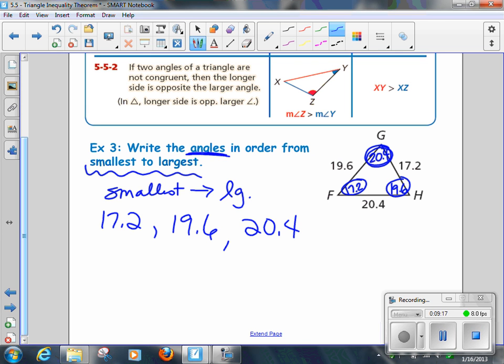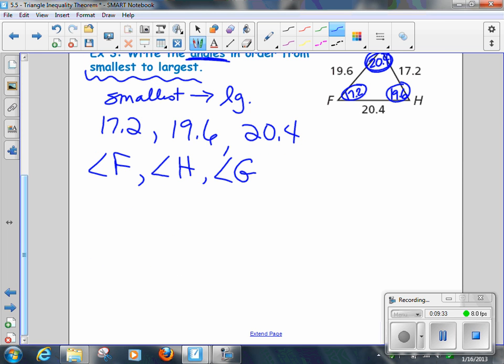Which angle did I associate with 17.2? I want you to write angle F. What angle did we associate with 19.6? Angle H. And then angle G, right? All right, and I'm going to show you how to write this fancy, and we might see it on the SOL. Which is the smallest angle? F is.